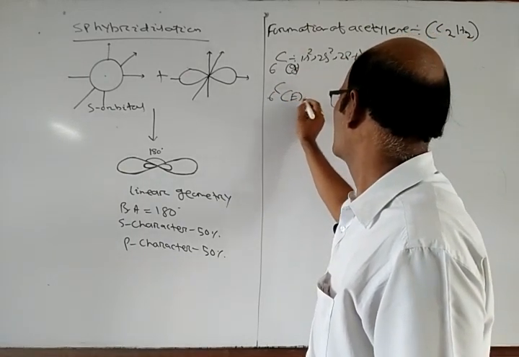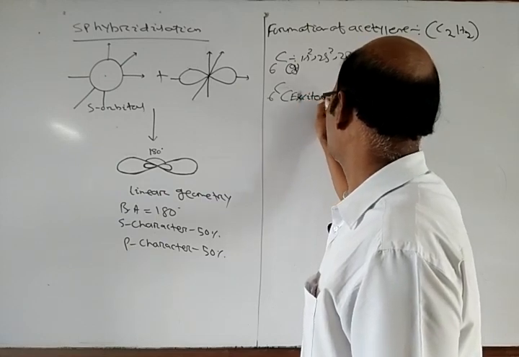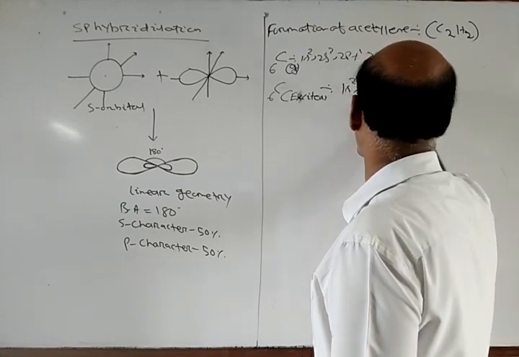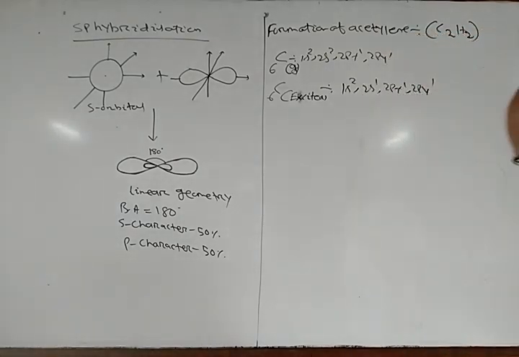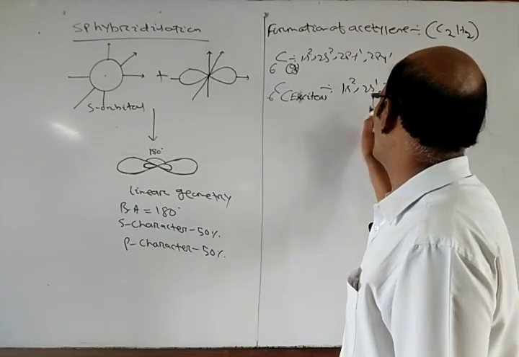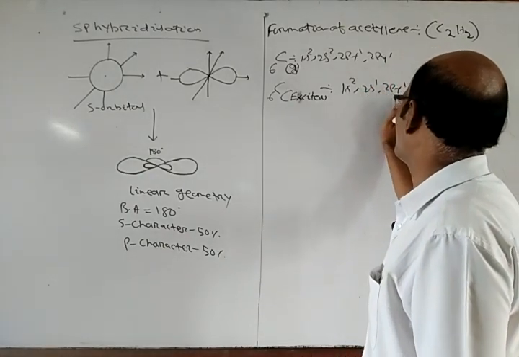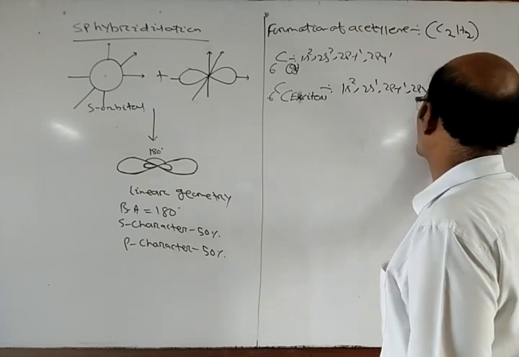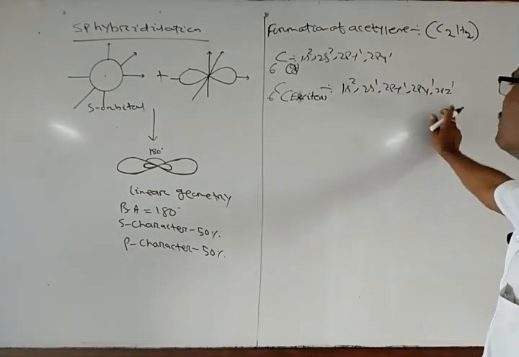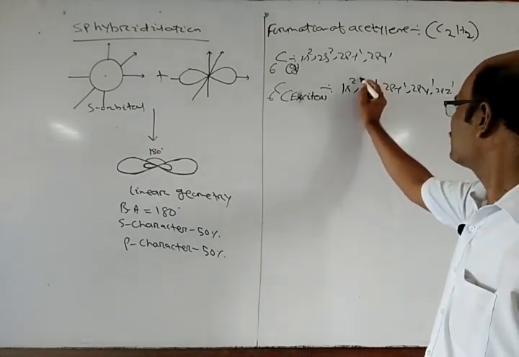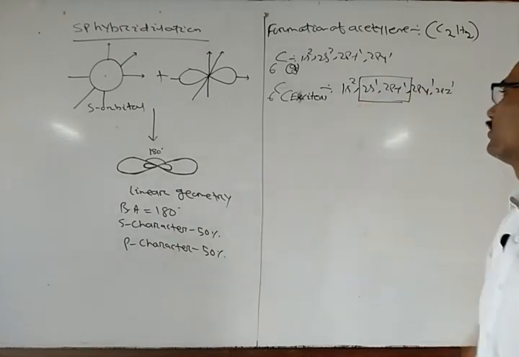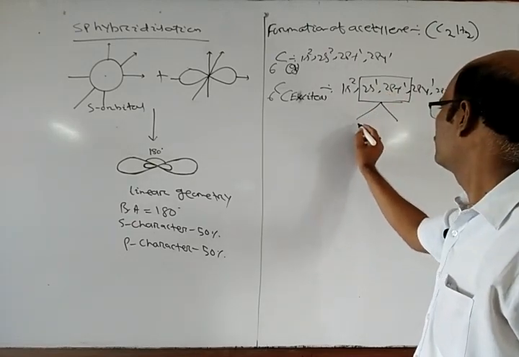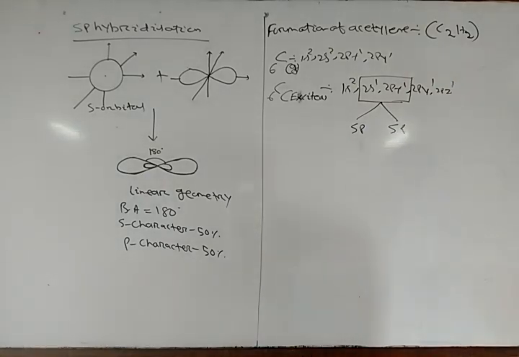Carbon 6 excited state: 1s2, 2s1, 2px1, 2py1, 2pz1. Now here one s orbital and one p orbital will hybridize to give what? Two sp hybrid orbitals.